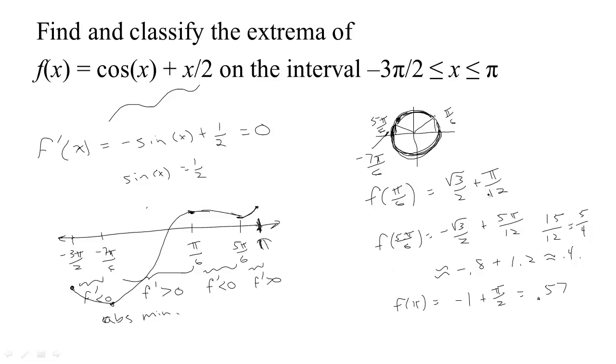That's about 0.8. So that's already, then you add pi 12, so that's already larger than 0.5. So we have an absolute max here. And then we have a relative min at 5 pi 6. And we figure that all out from the first derivative.